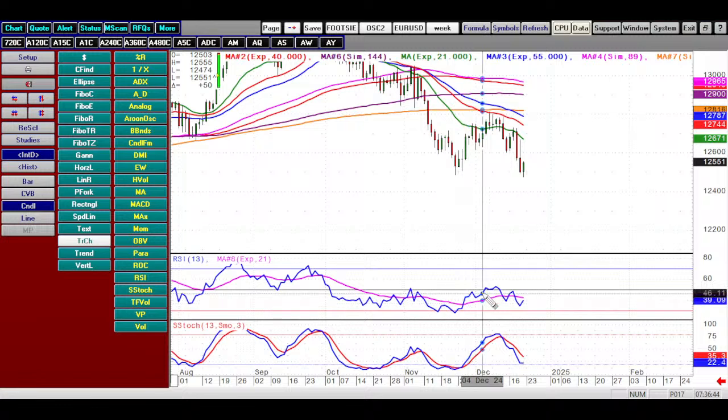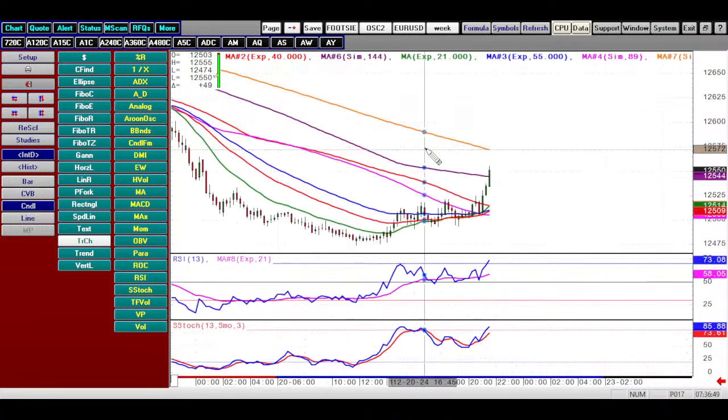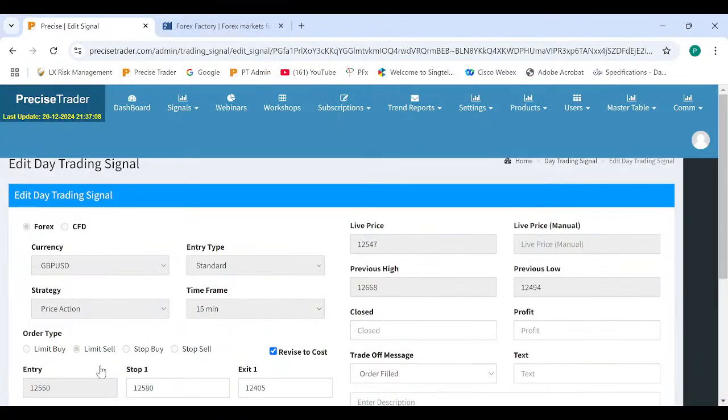Our TP, expected towards 124.05, has to be changed to 125.05 or 125.10.